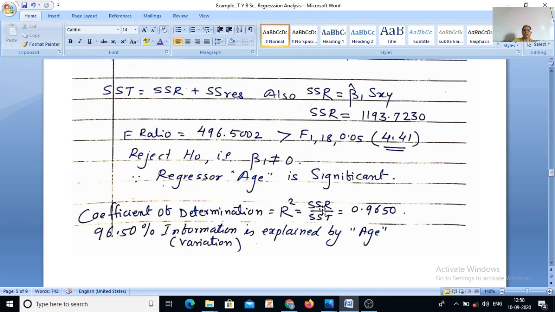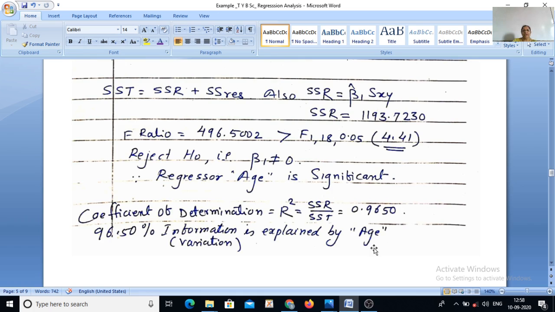If I take this ratio SSR upon SST, the value comes out to be 0.9650. That means it is close to 1. That means 96% of your variation in y is explained by your linear regression model.